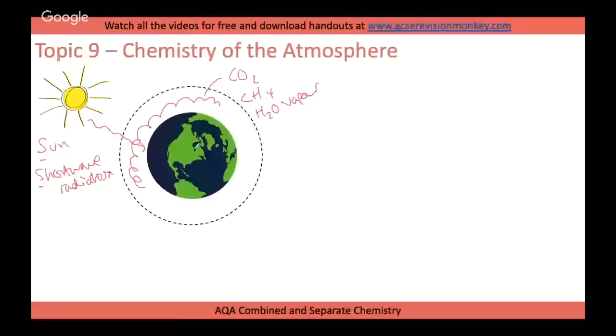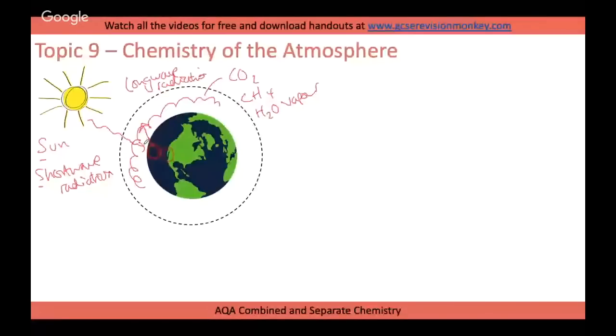So the shortwave radiation goes in, but all of the objects on the Earth absorb that radiation and reflect it back into the atmosphere. But this time, as it goes out, it is now long wave radiation. And that doesn't just go straight through the greenhouse gases.